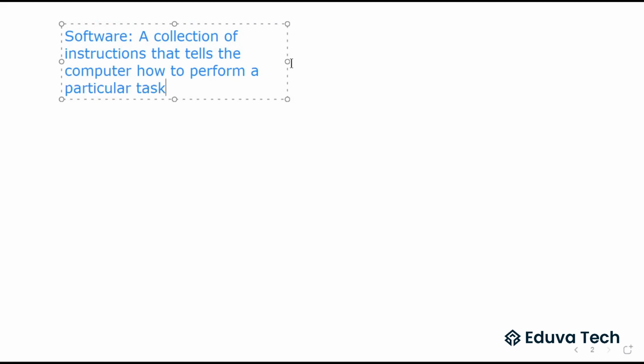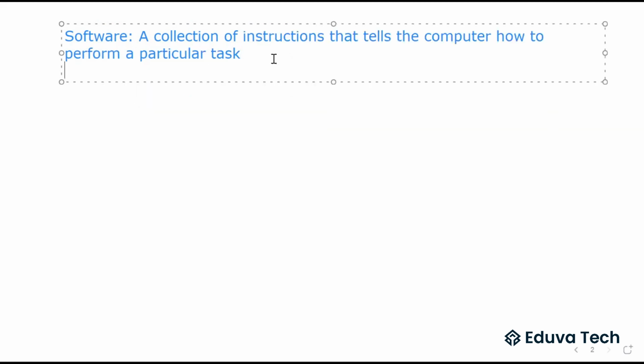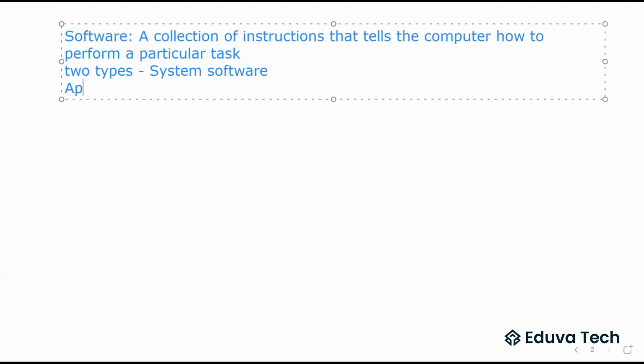Just like we are using Microsoft Office, it helps us calculate our accounts in MS Excel, and we can write our notes in Word. We have two types of software. First is system software, such as our operating system. Second is application software.